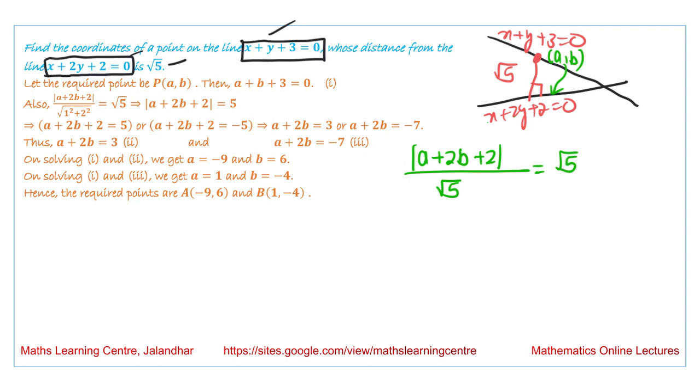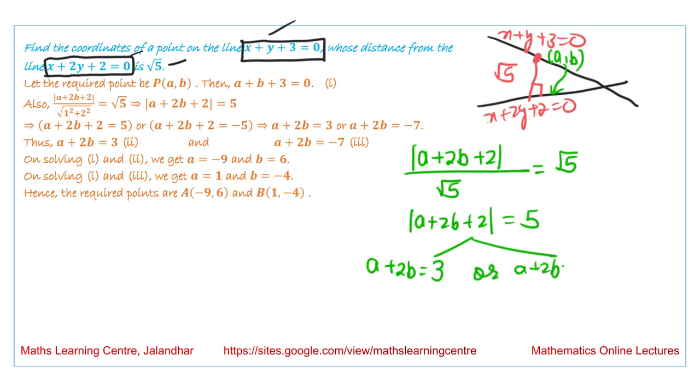So from this we obtain mod of a plus 2b plus 2 equal to 5. This gives us two equations: a plus 2b is equal to 3, or a plus 2b is equal to minus 7. Now if this point lies on this line, it will satisfy the equation a plus b is equal to minus 3.